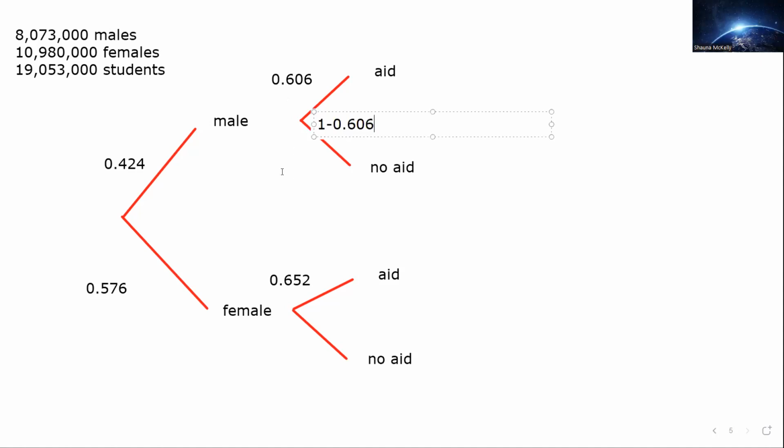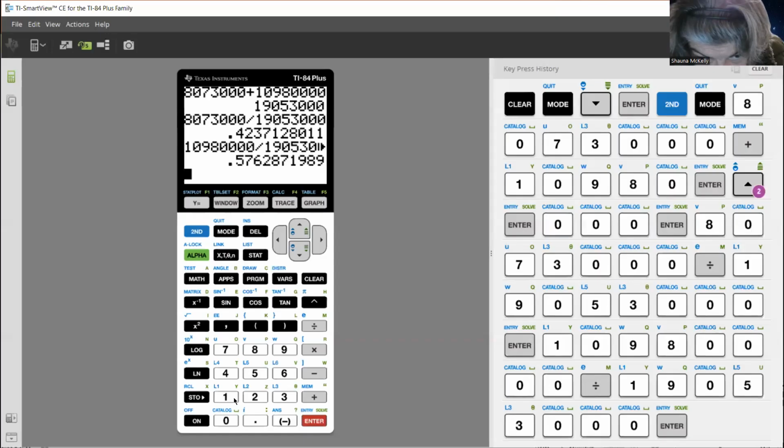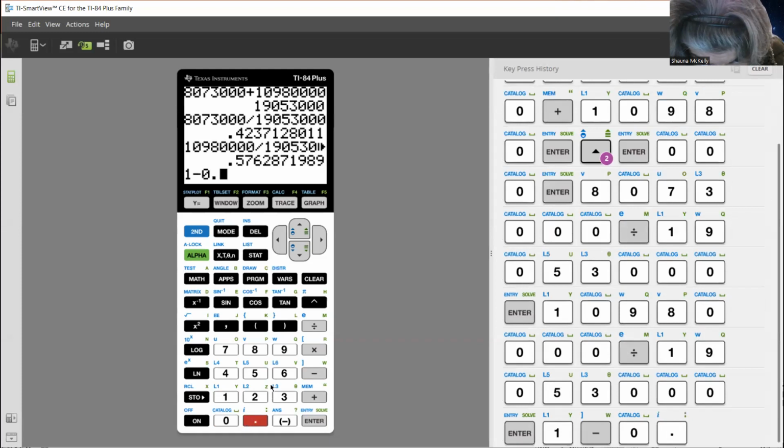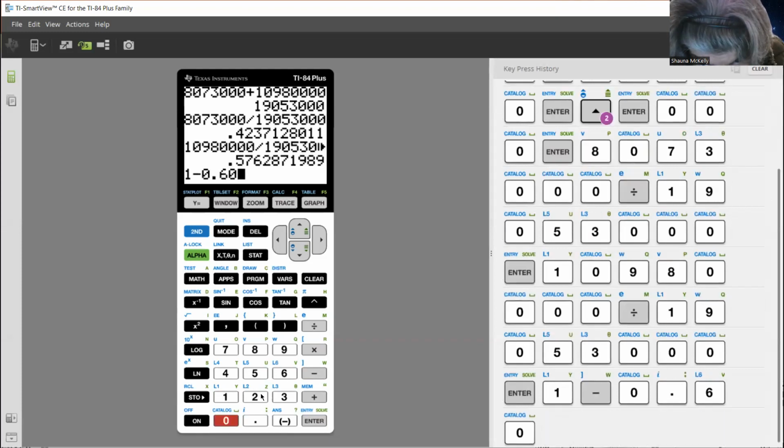When you do that calculation, I don't have it listed, so let me share the screen here. So we have 1 minus 0.606.